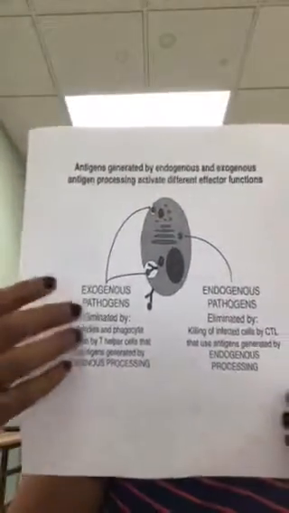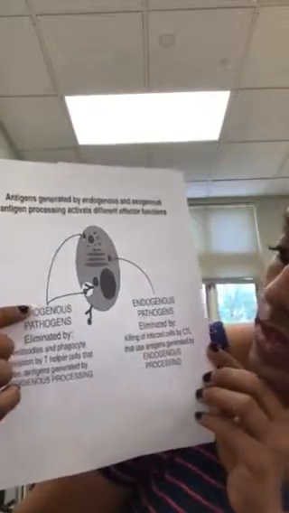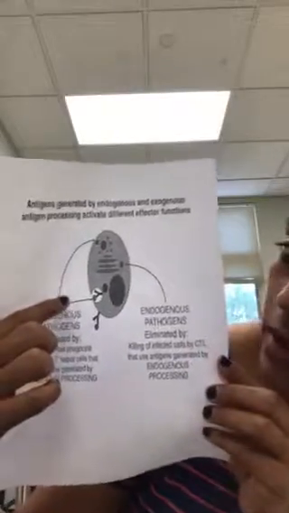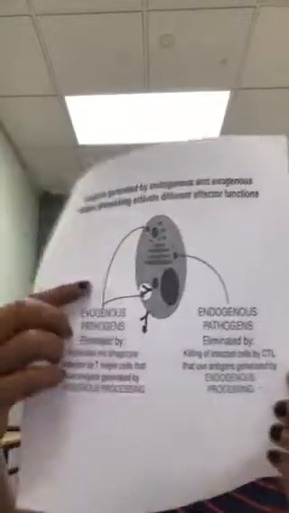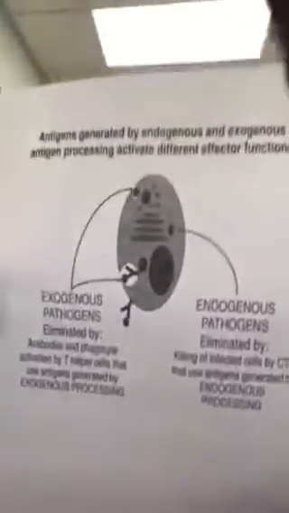The way this works, the APCs engulf the antigen by endocytosis. I have a picture, which I'm going to show you in a minute, of the difference between the two. So we see that it's being engulfed right in there. You can kind of tell. It's engulfed by endocytosis.